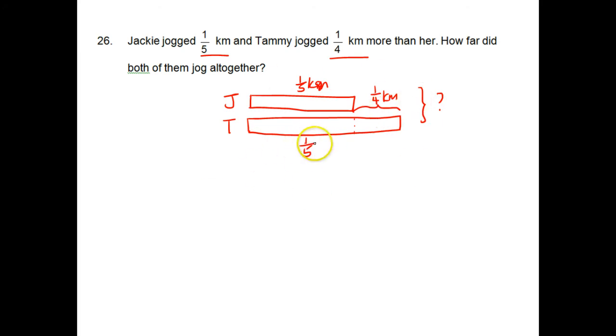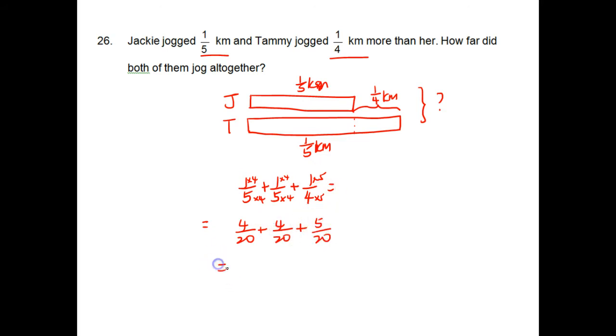So total will be 1/5 plus 1/5 plus 1/4. When I add, I make sure that my denominators are the same. So it is times 4. This one times 5. So 4/20 plus 4/20 plus 5/20. Answer is 13 out of 20 kilometers.